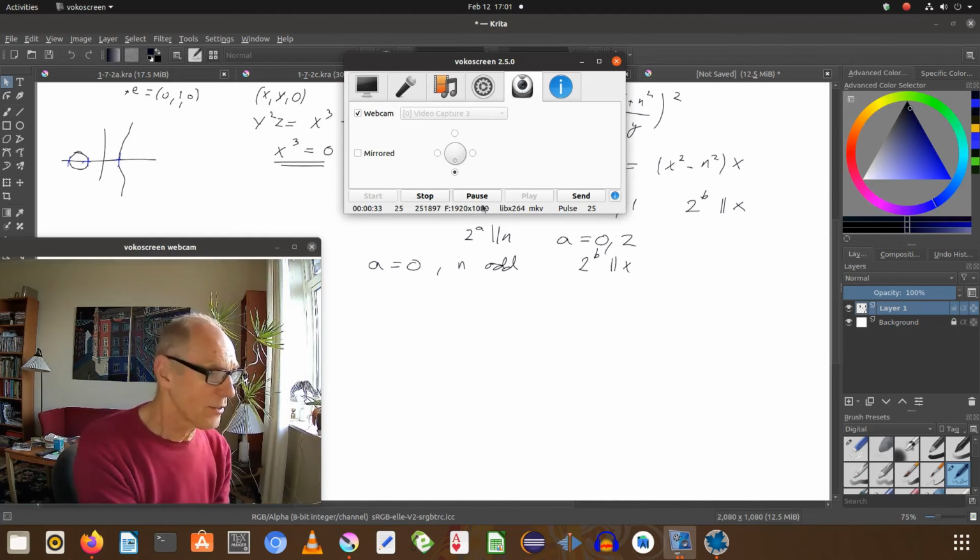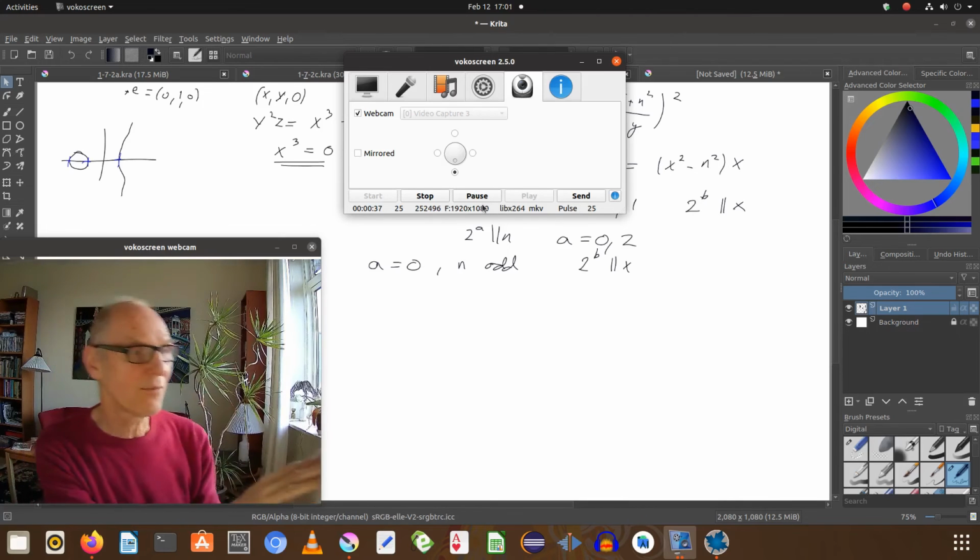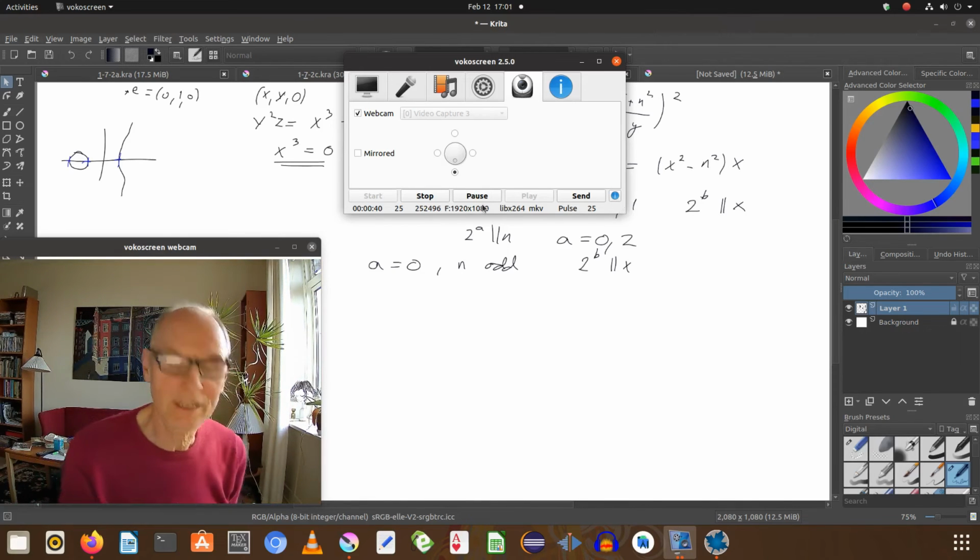And then on the top of this page, it defines the valuation, the p-adic valuation, as minus the logarithm, the prime logarithm.